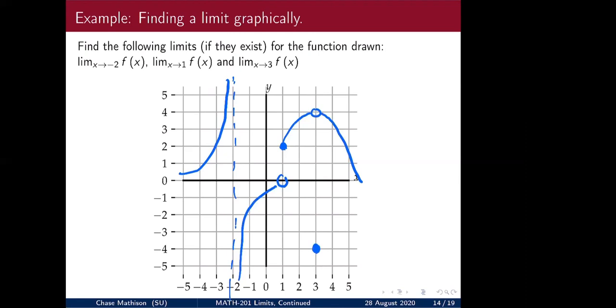Same way at 3, it only intersects the graph once, right there. And at -3, that clearly passes the vertical line test because the function is not even defined at x equals -3. Okay, so we want to find these limits. All right, let's start with the first one. What is the limit as x approaches -2 of f of x? By the way, the blue stuff is f of x.